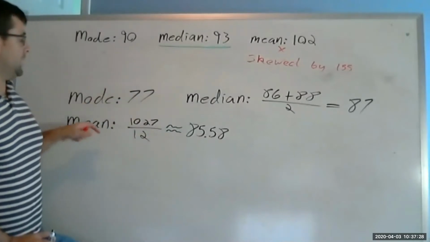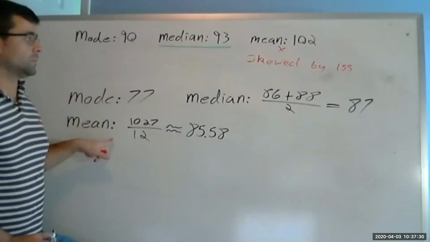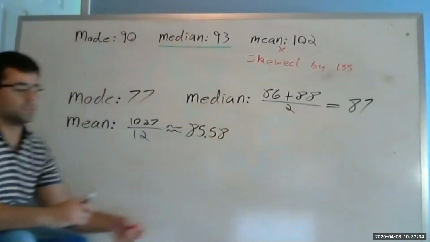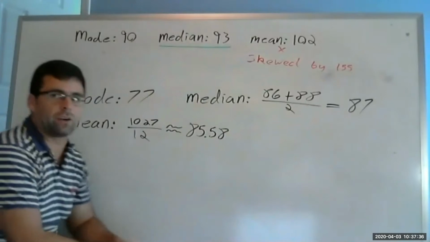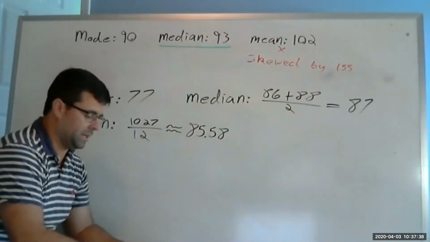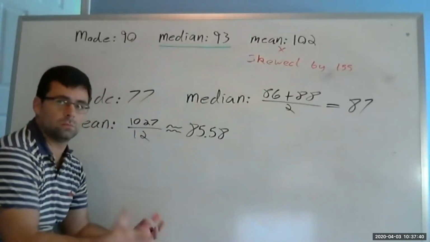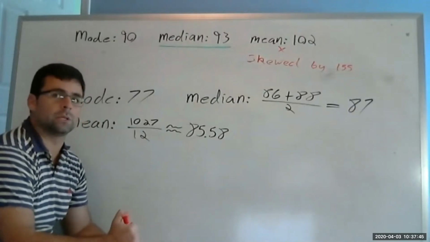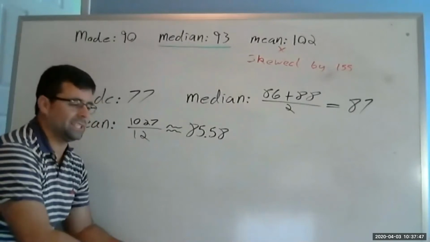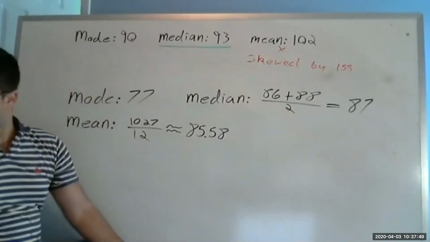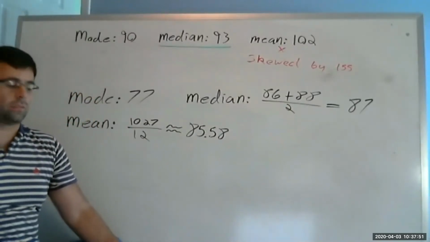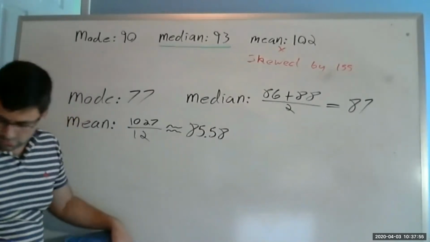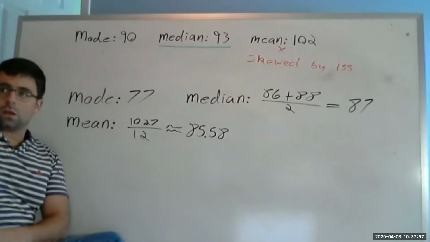But in the second one, these two are very close to each other. If the mean and the median are both similar, then it's usually best to use the mean because it includes everything. It compares all of the data to all of the rest of the data.